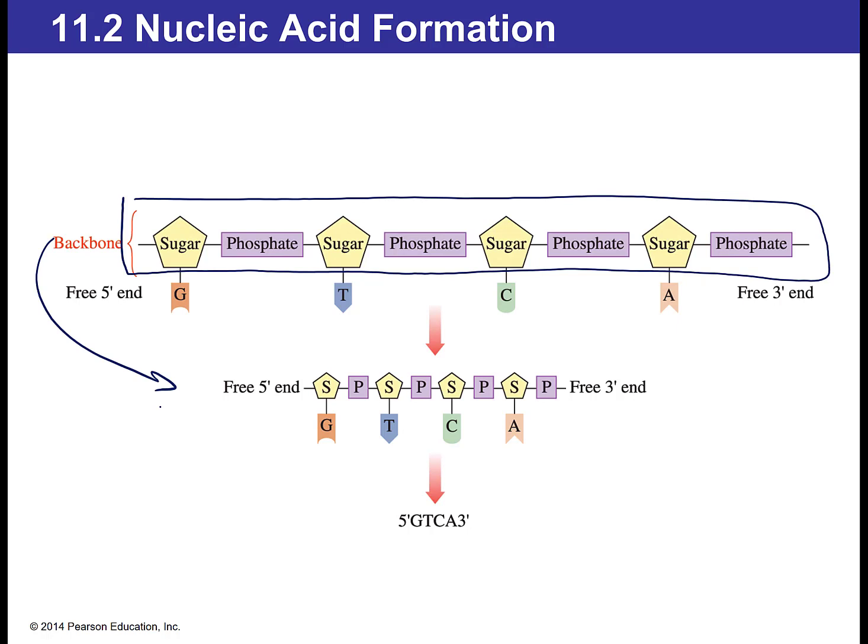Or they can shorten it further and not even show you the backbone. So in that, all they're showing you is just the order of the bases. But just remember that that's not all that it is, that all those bases are actually hanging off of that sugar phosphate chain. It's just a way to simplify.